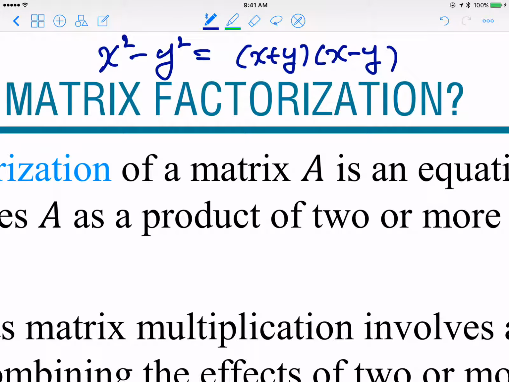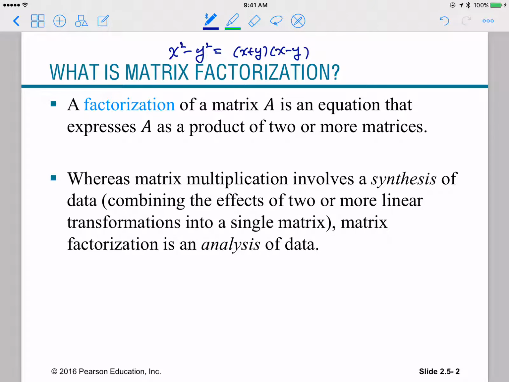Okay, so this is a factorization. In the case of matrix factorization, we are given the original matrix A, and we want to factorize this matrix as a product of multiple matrices. So maybe we can rewrite matrix A as a product of multiple matrices.